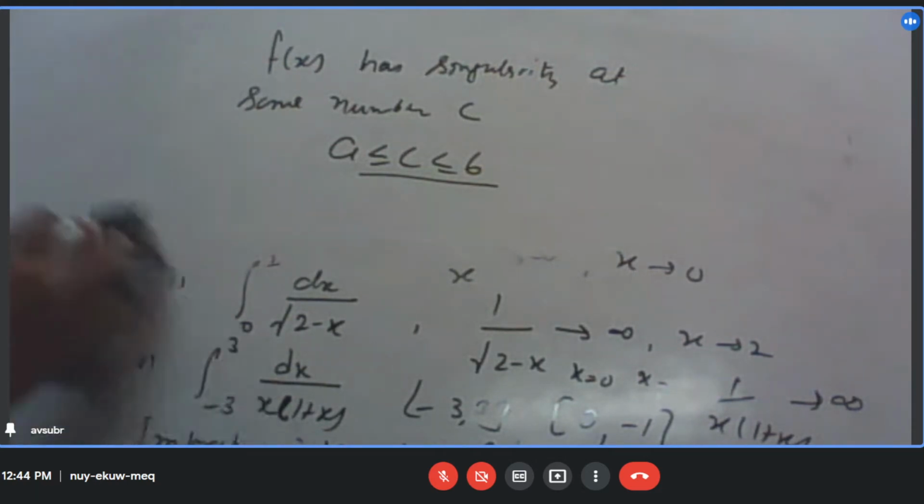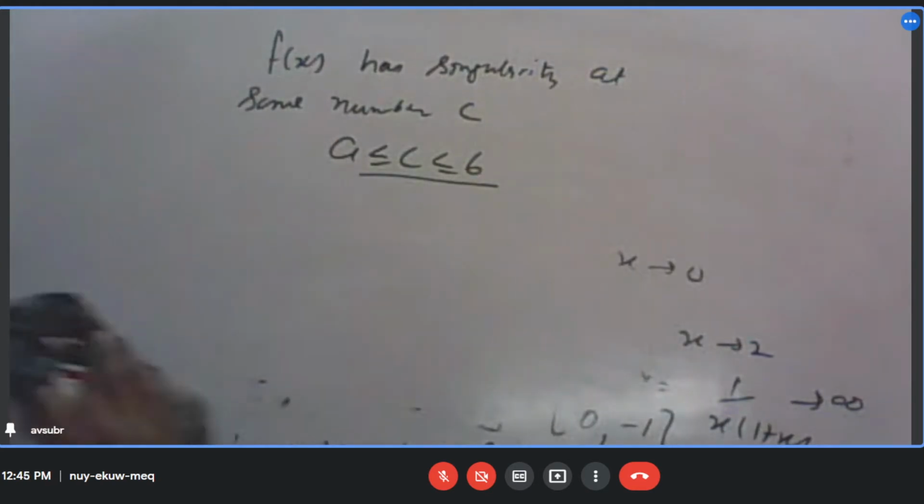Now, these improper integrals can converge, that is, they can give you a finite value, or they may not give you a finite value. They may converge, they may diverge.